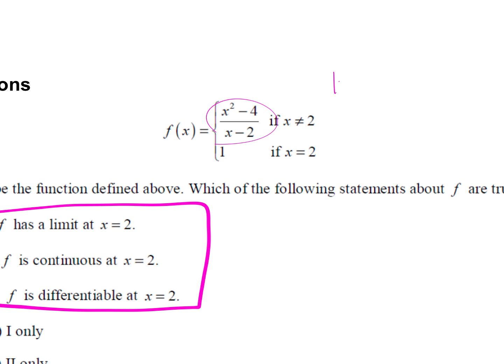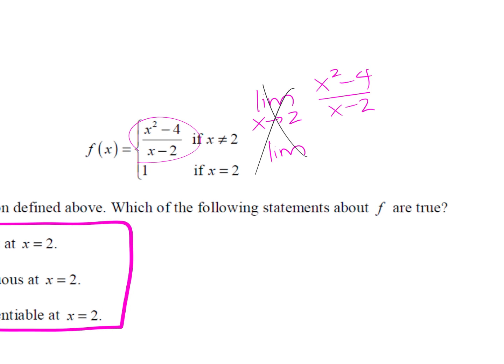All right, so let's see. Do we have a limit as x approaches 2 of this? Let's find out. Can I plug 2 in? Nope. Can I fix it? Yes. Now, this is a multiple choice. Do we care about our notation on this? I want you to use limit notation where you need it. Do I need it on a multiple choice?